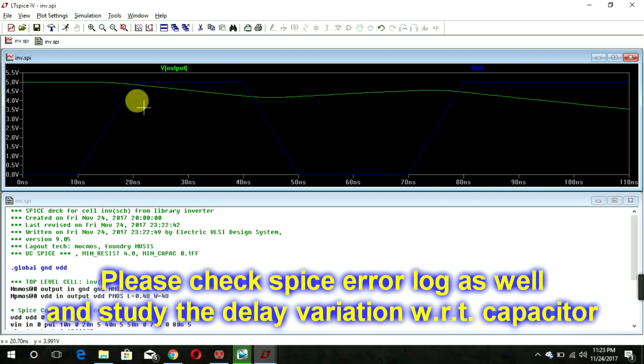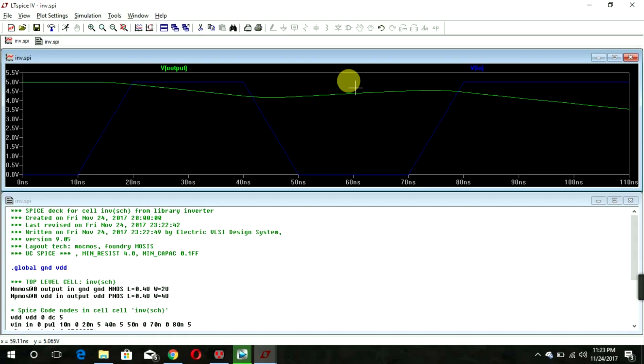The reason is our capacitance is now increased, so it's taking a lot of time to fall down and again to rise up. There is a formula of delay: delay is directly proportional to resistance and capacitance of the transistor. So we call it RC delay. This is the effect of that delay.